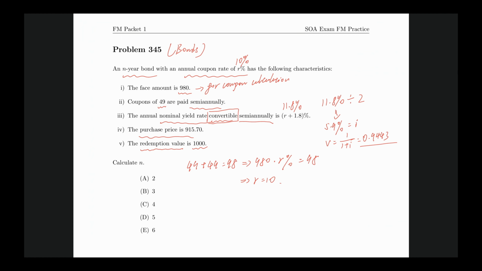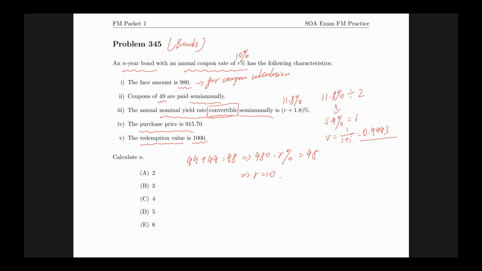So if I convert all the cash flows back to time zero when the bond was bought, the present value is $915.7. Because of that, I can set up an equation. $915.7 equals the present values of all the coupons.